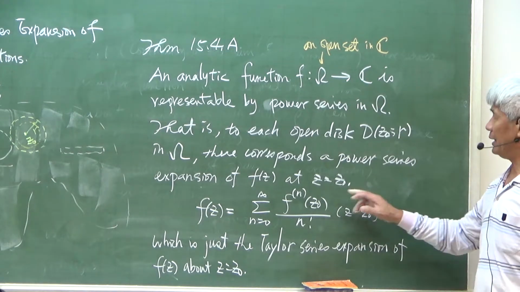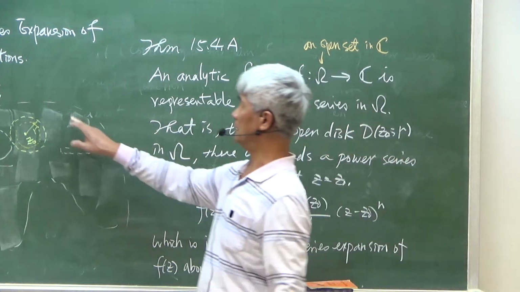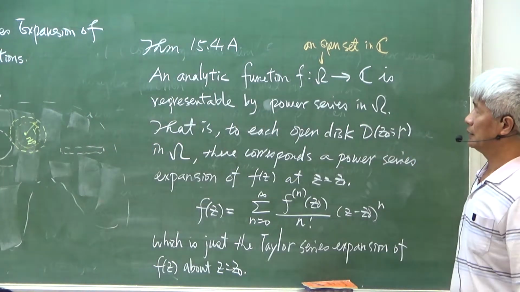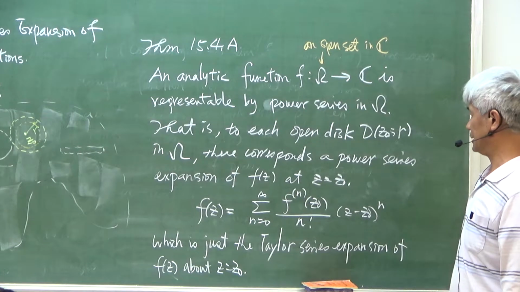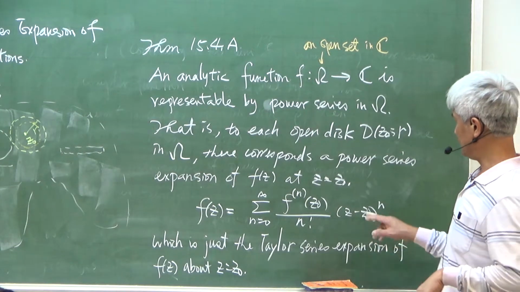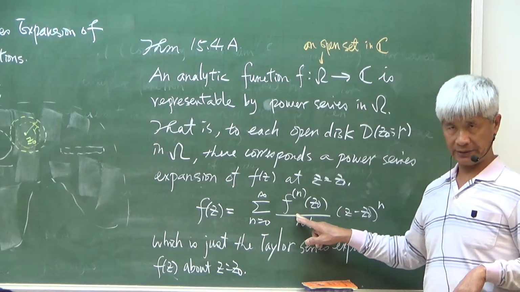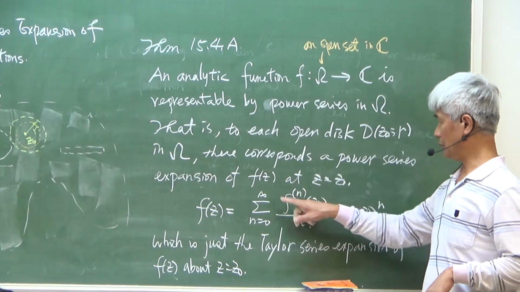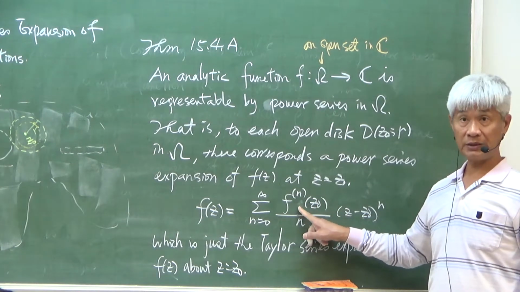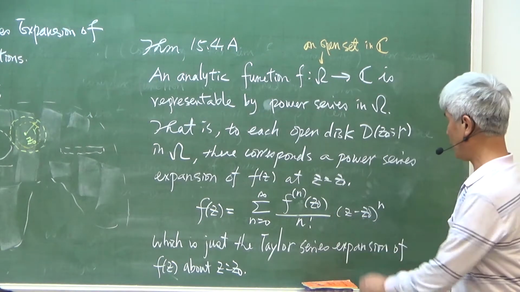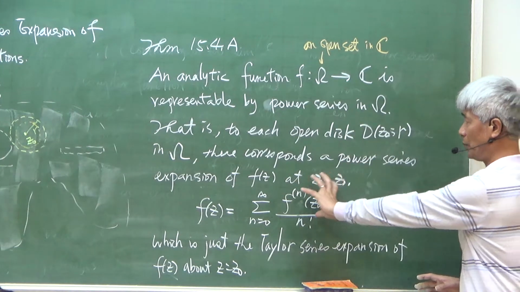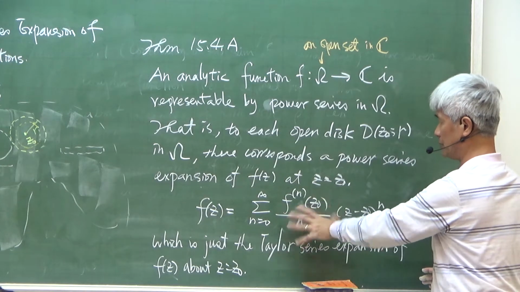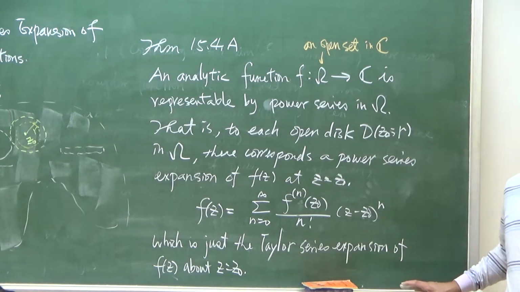This is true for any z0, any point in the open set. And as you know, at different z0, the coefficients may be different, because the coefficient depends on the derivative at the point z0. So once the center changes, the representative power series will change.